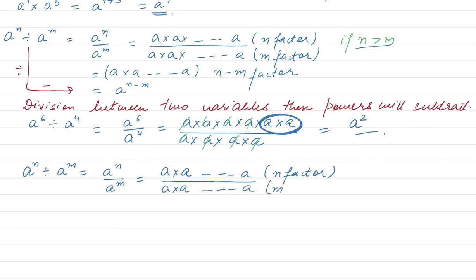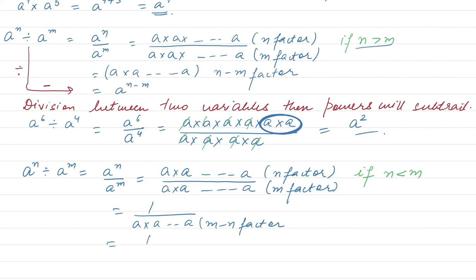In this case, n is less than m, or we can say that m is greater than n, either way. So in this one the expression will be equal to 1 divided by a times a so on up to a, m minus n factors, or also this can be equal to 1 over a to the power m minus n.